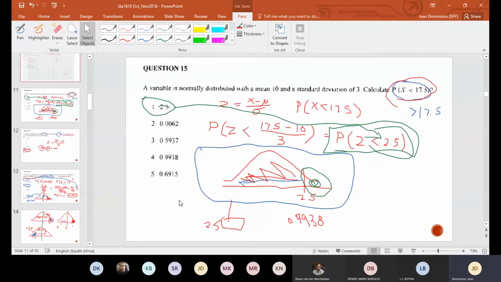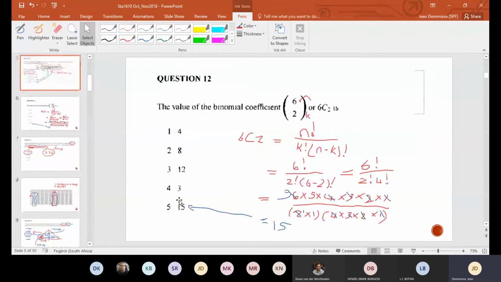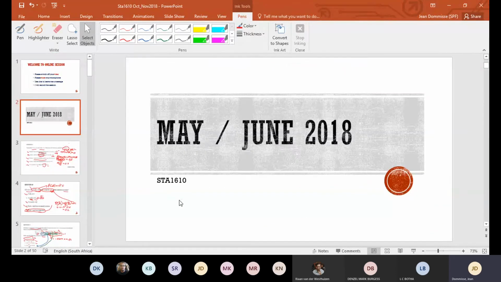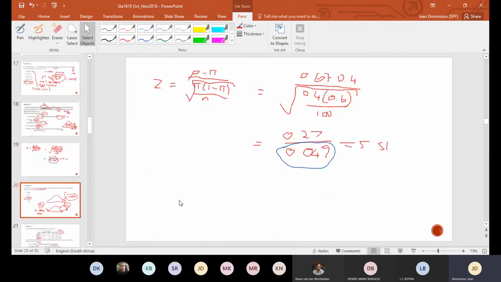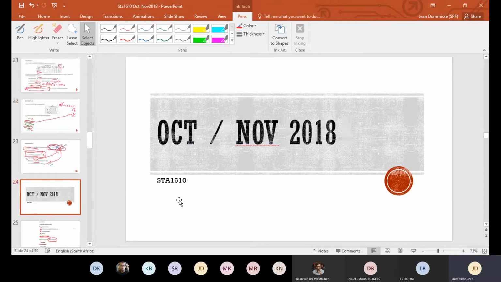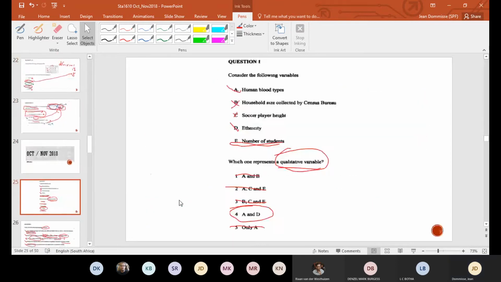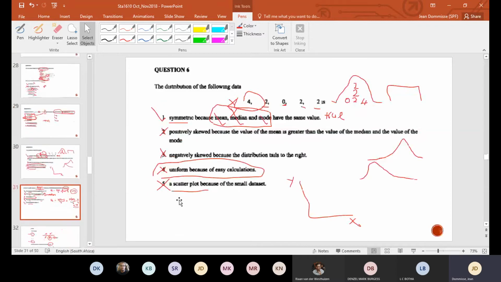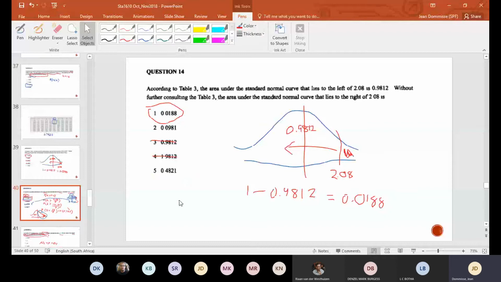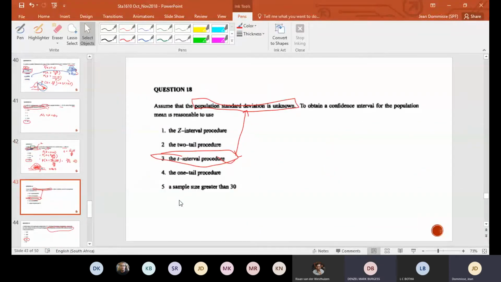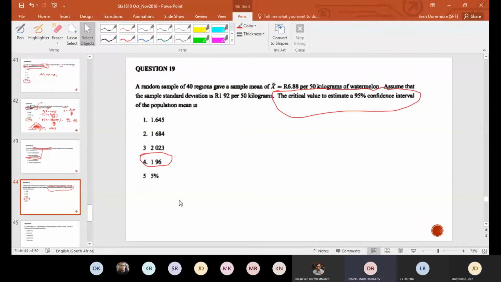No, both of these are the 2018 papers: May-June 2018 and October-November 2018, not the 2019 paper. Okay, not a problem, because your 2018 and 2019 are very similar, with slight differences.